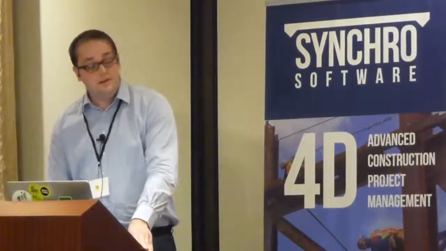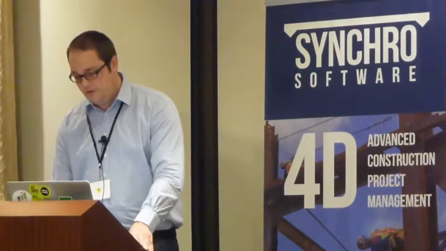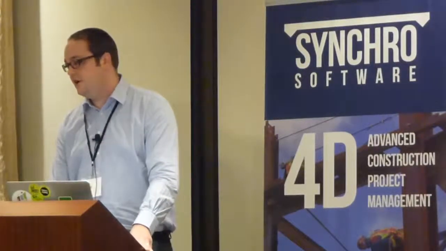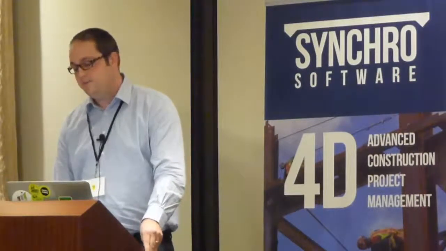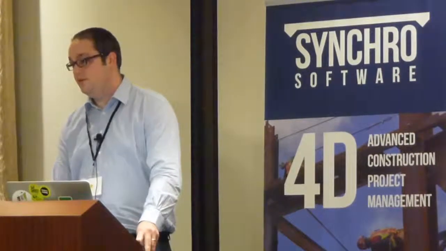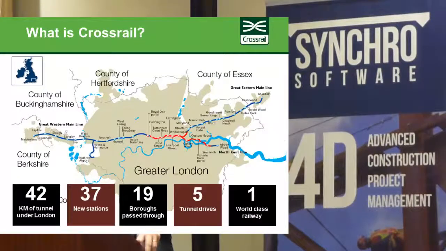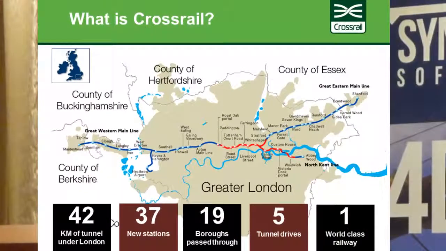We have surface works that are being delivered by Network Rail, who are the UK's national rail infrastructure manager. And that's very much tying in and integrating with existing railway and making it fit for purpose. And then we have the central section works, which is the section in red, which is the subject of this presentation. That's been delivered by Crossrail Limited, who I work for.